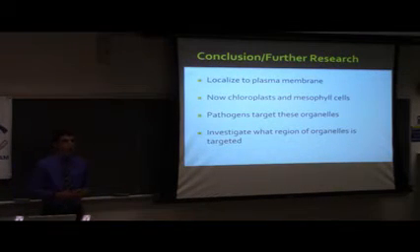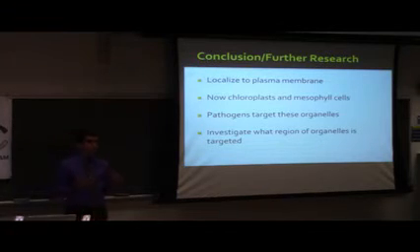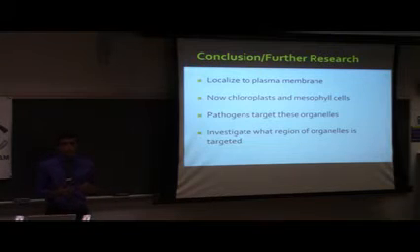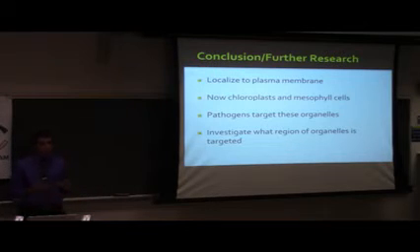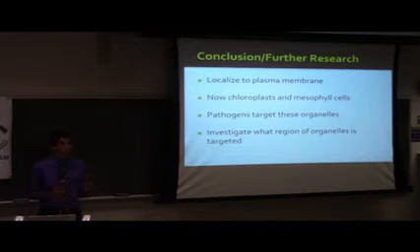So this research has shown that there has been effector localization to plasma membranes, but this has also shown that chloroplasts and mesophyll cells are also potential targets for pathogen effectors. Pathogen effectors target these organelles because they could be crucial to plant cell defense and immune responses.